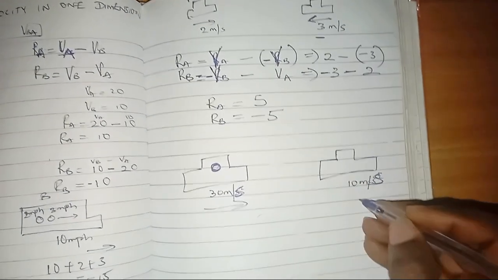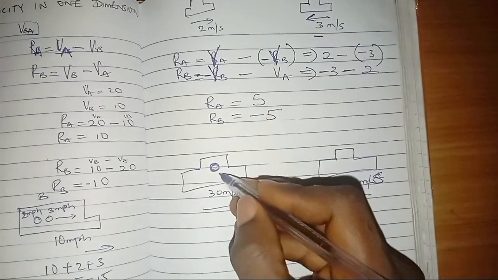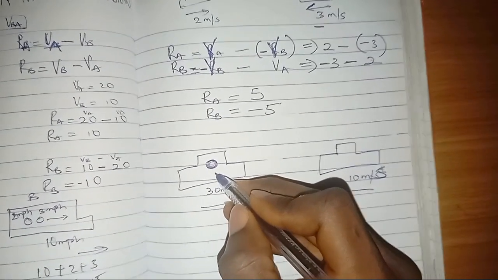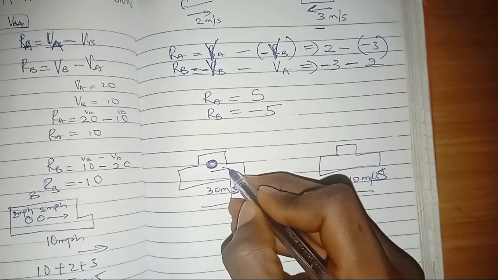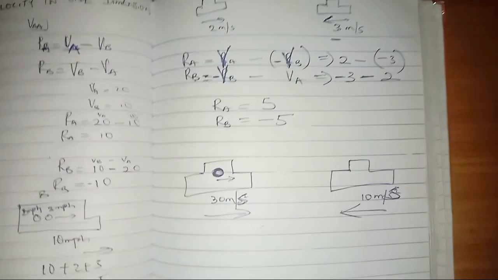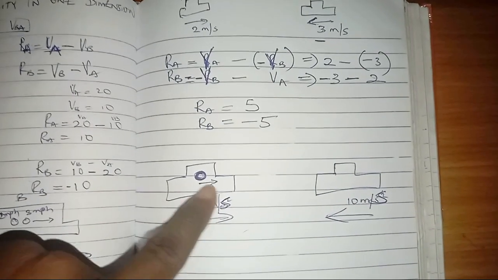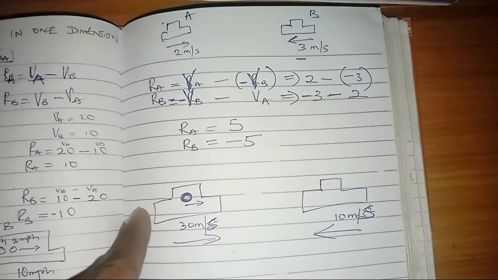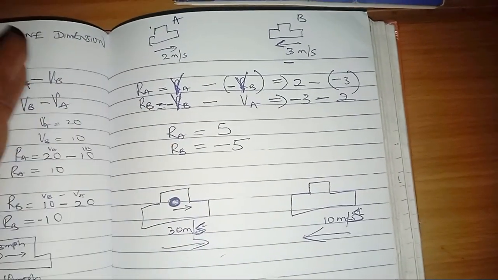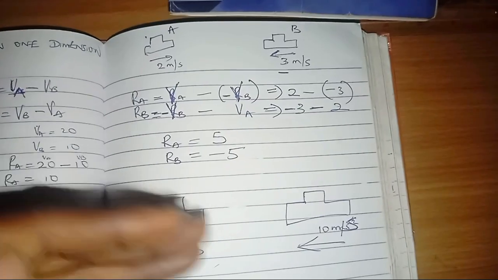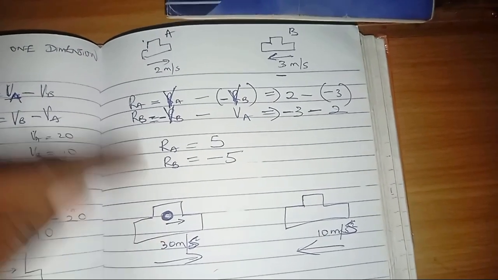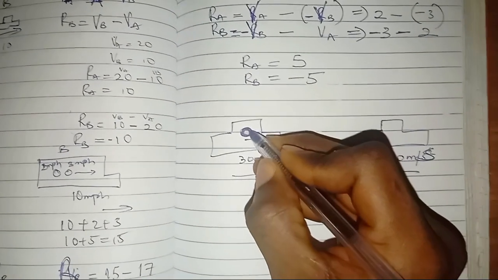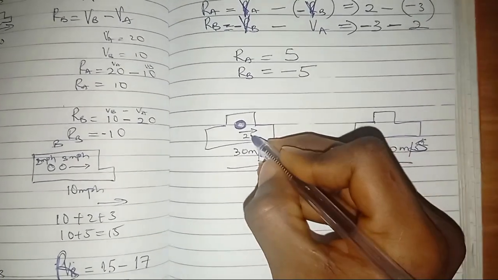Let's say they are moving in different directions, and the one here is also moving in the same direction, assuming it's moving maybe backwards. Let's say this particular one is moving with 2 meters per second.